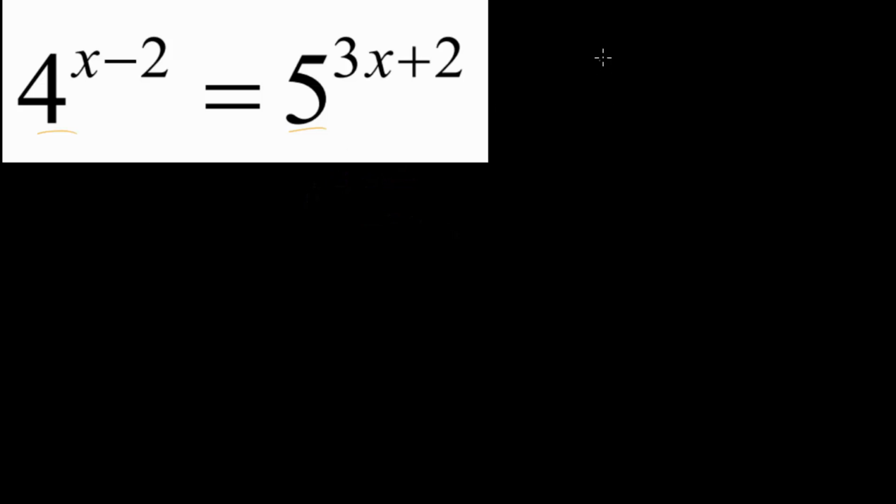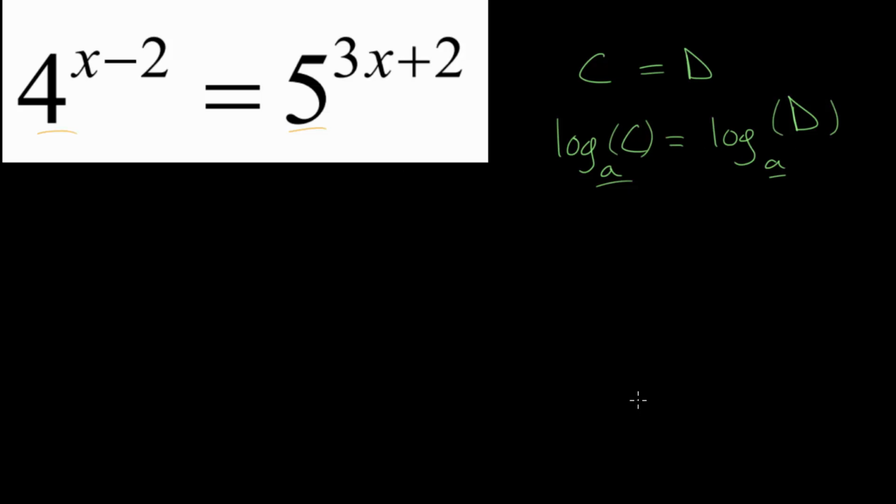For instance, if we have, let's say, c is equal to d, something equal to something else, then it's also true that the log base a of c is equal to log base a of d. As long as they have the same base here, then the inputs of these logarithms must also be equal.